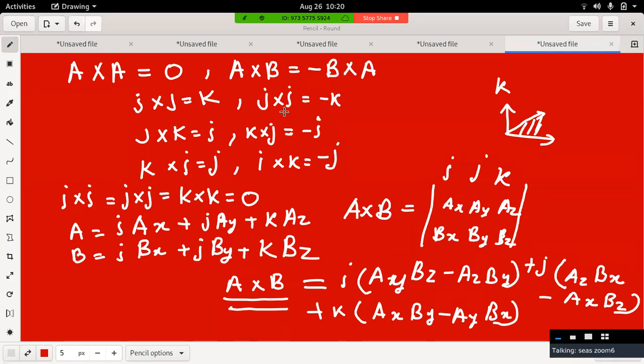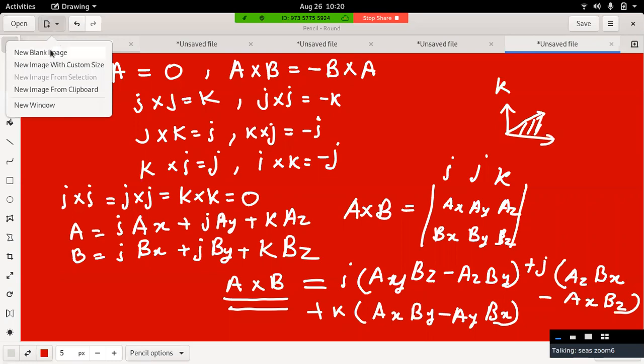So that is how a cross product can be determined. The value of a cross product can be determined.